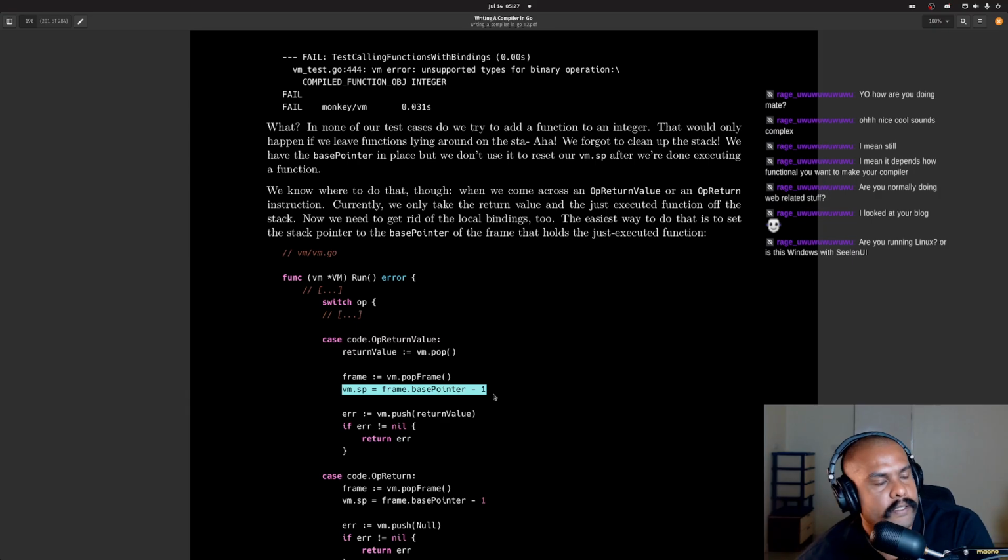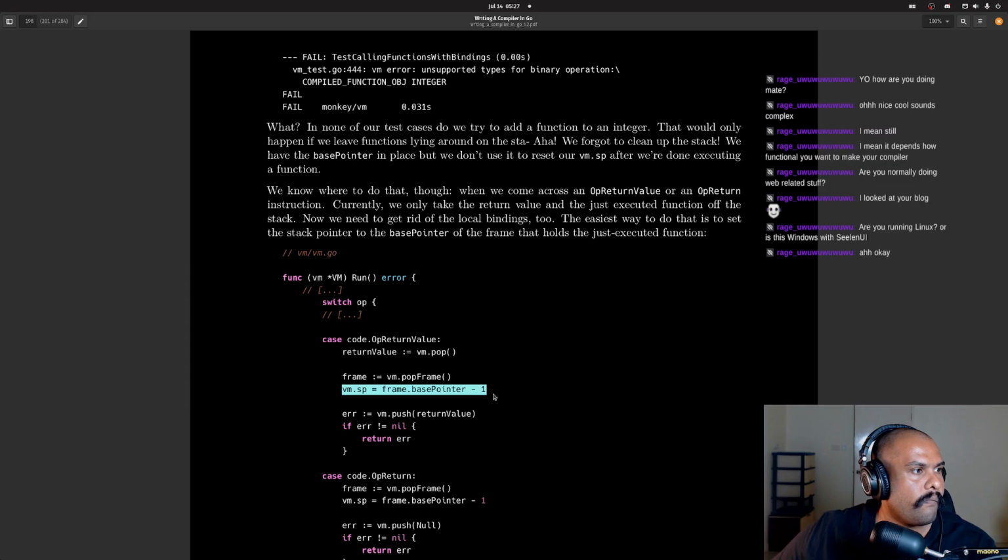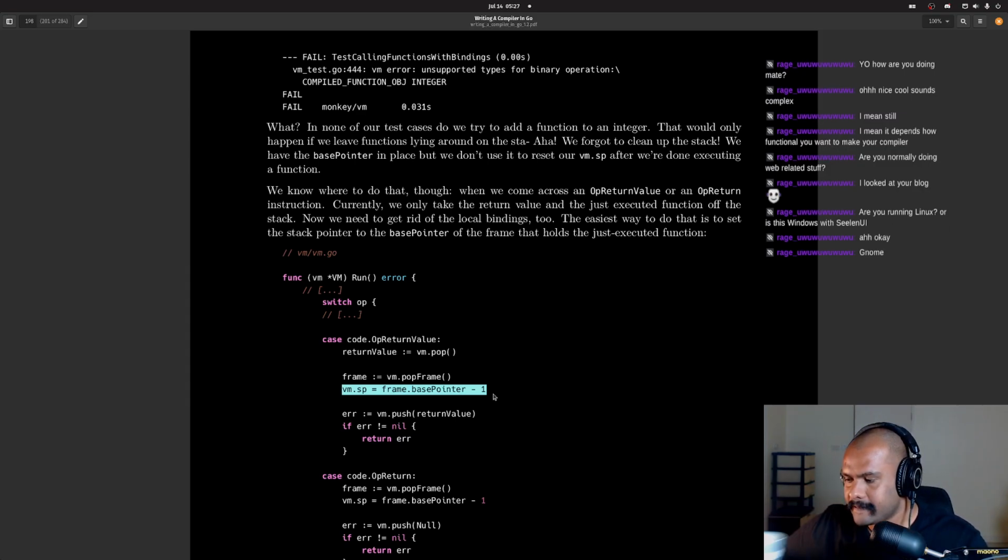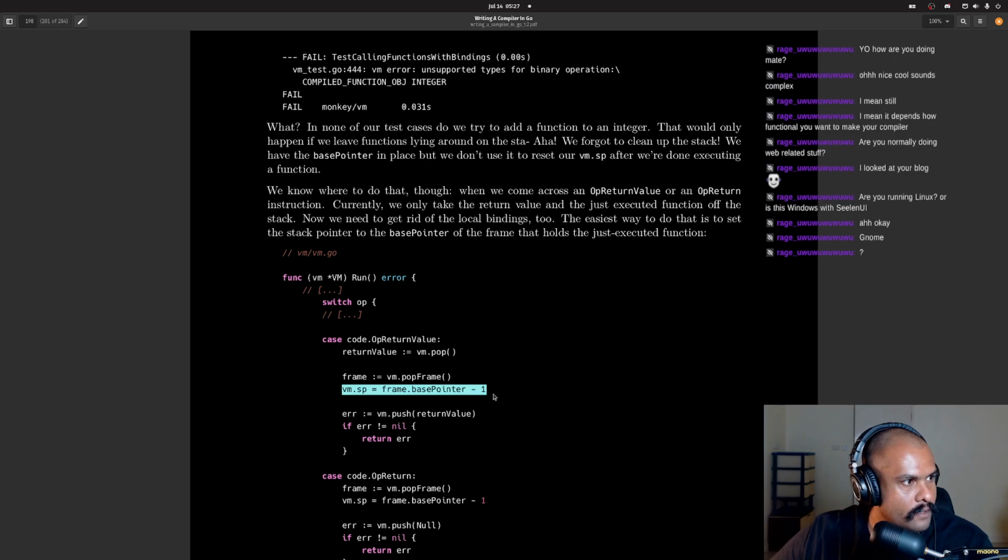No, you run Linux. I don't know what Lean UI is. No, it's just Linux. GNOME. Yeah, think so. It's just Ubuntu.